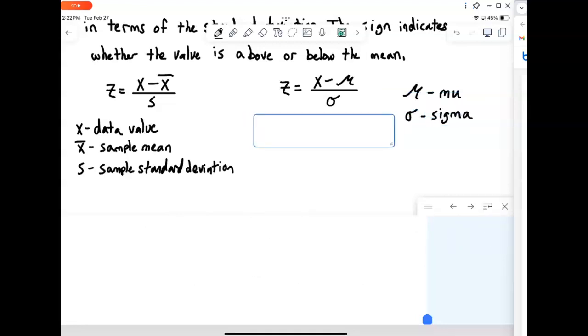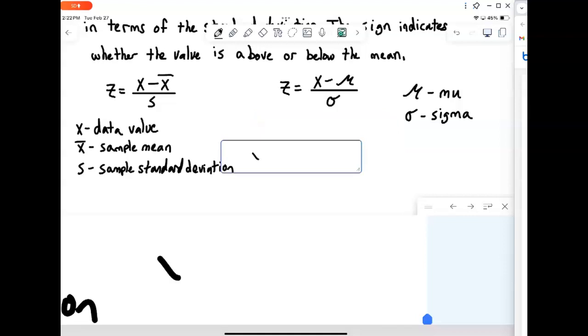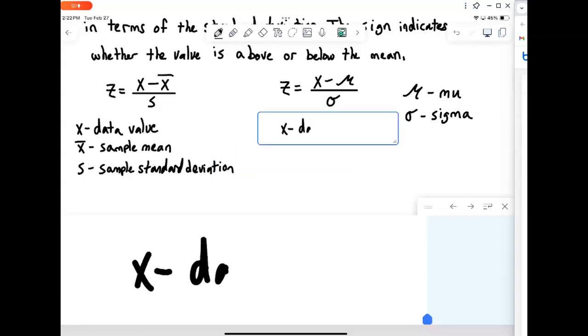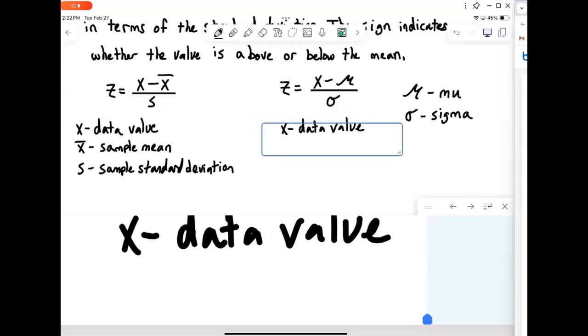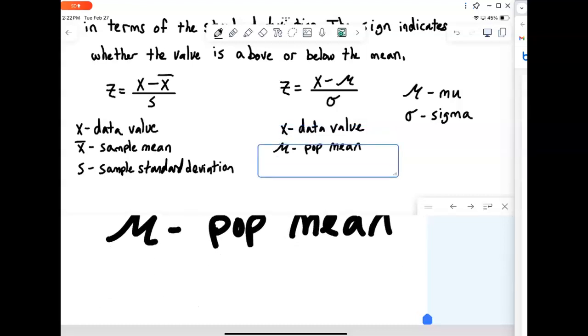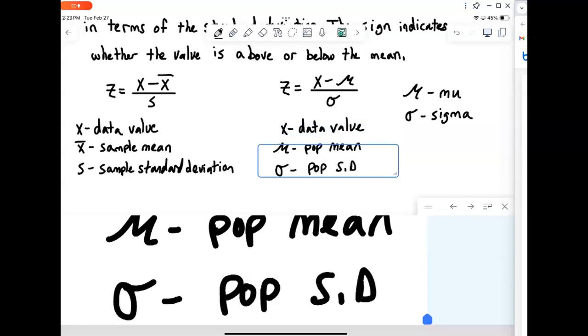And for those, x is still your data value. Mu actually represents the population mean, and sigma represents the population standard deviation.